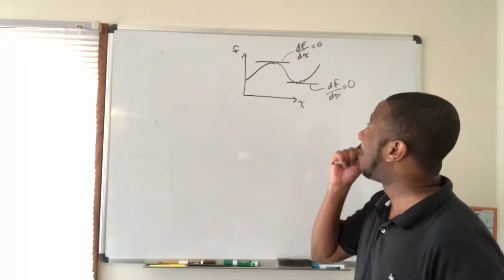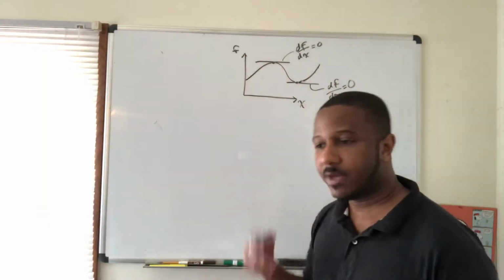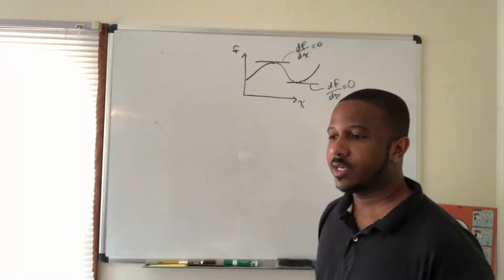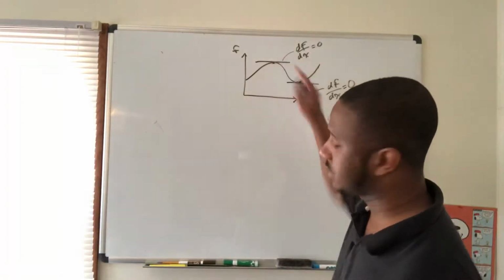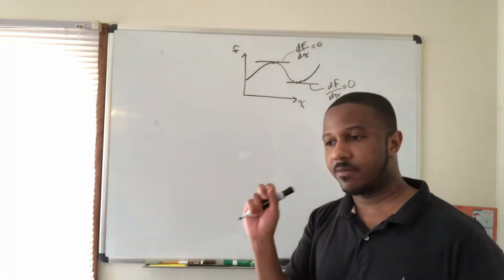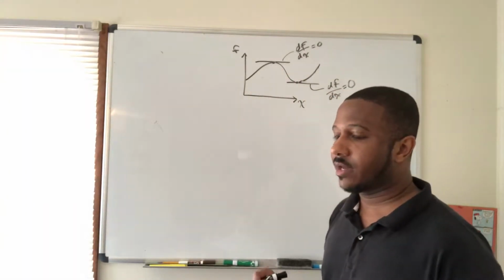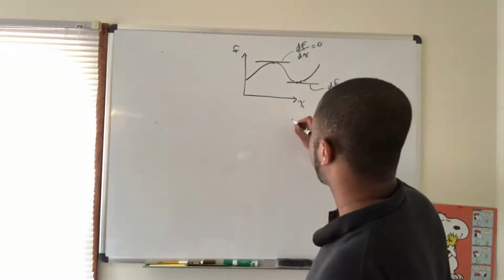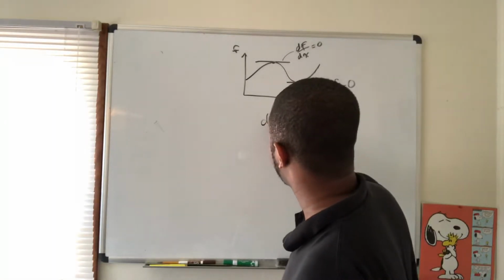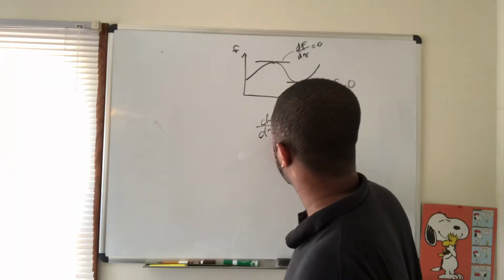Another concept to become comfortable with is the idea that if you were at that stationary point and went a very small amount to the left or the right, you wouldn't have any change. It's not terribly difficult to understand.